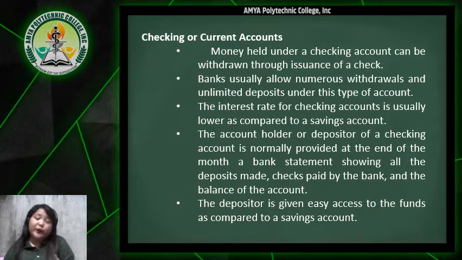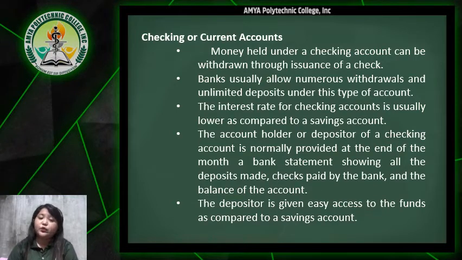Next is the checking or the current account. In current accounts, money held under a checking account can be withdrawn through issuance of a check. Banks usually allow numerous withdrawals and unlimited deposits under this type of account. The interest rate for checking accounts is usually lower compared to a savings account.